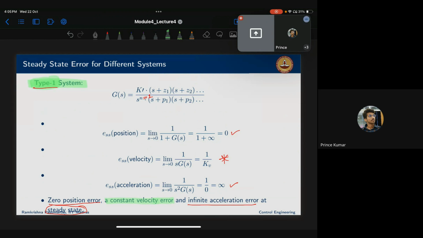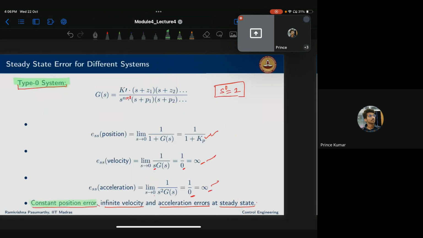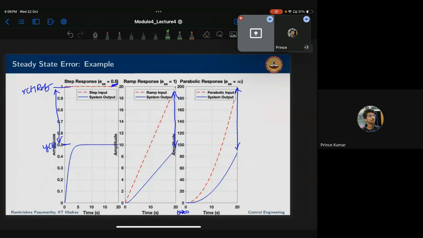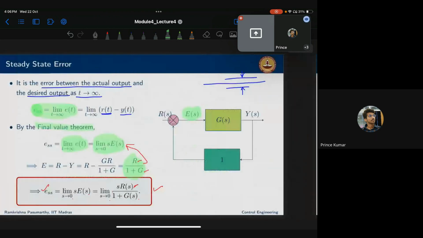Yes, sir, I have a doubt. Sir, in the lecture, while finding the error, we take the feedback as one.